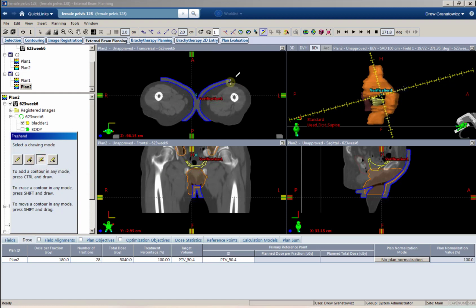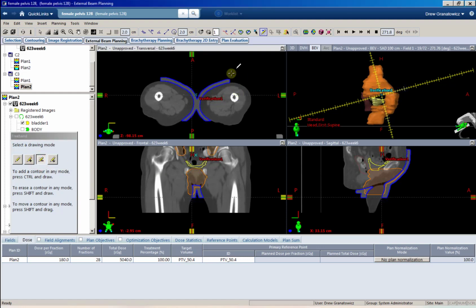So let's say we want to start removing a little bit. Maybe remove that whole slice. Maybe this whole slice. So now we just have one slice below where that PTV starts, and say we want to kick some of this out.